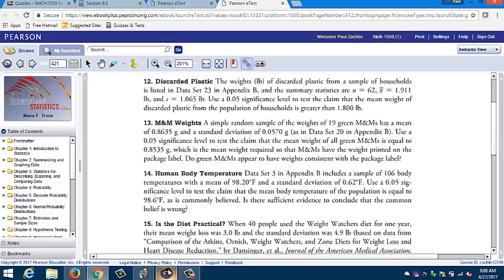X bar is, sample was 19, so 0.8635. That's close. Minus 0.8535. And they gave me S was 0.0570.